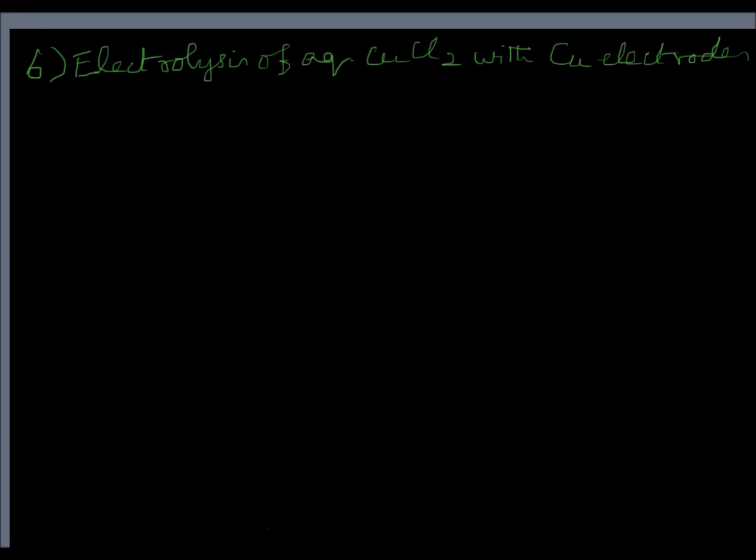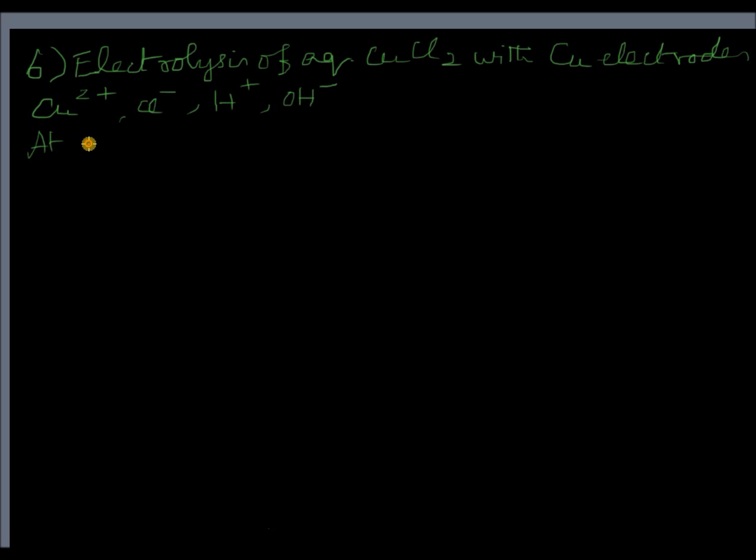So far we have been considering electrolysis of different electrolytes with inert electrodes. You know the products of electrolysis of aqueous copper chloride with platinum electrodes. Let us electrolyze aqueous copper chloride with copper electrodes. The ions are Cu2 plus, Cl minus, H plus and OH minus.